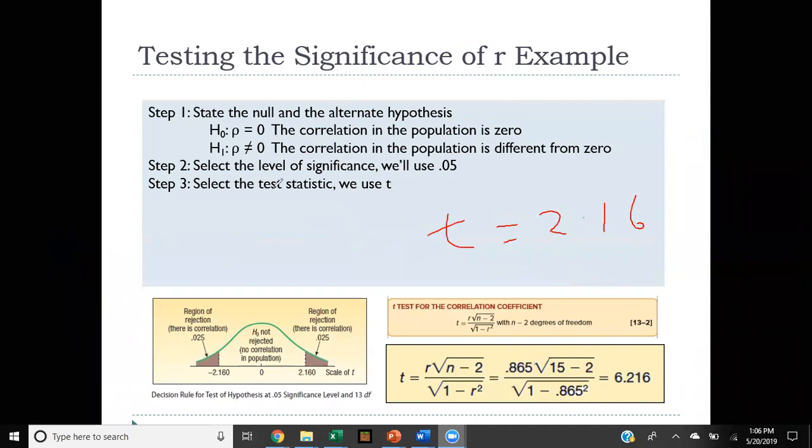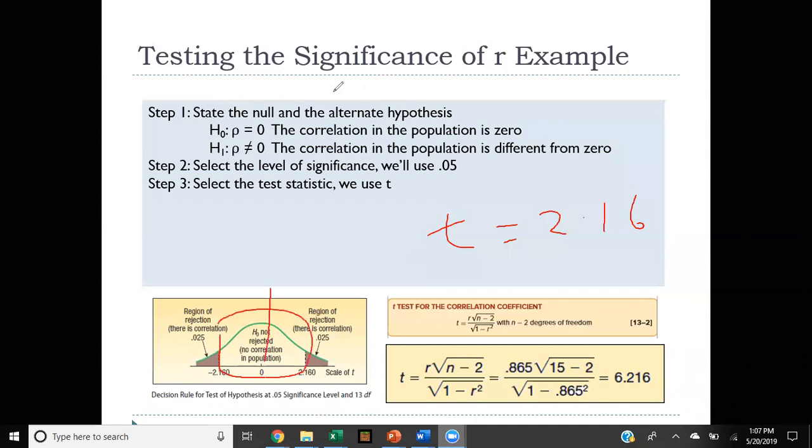Now this is a two-tailed test. Why? Because if you look at your null and alternate hypothesis here, you have just an equal sign. You don't have a greater than or equal or a less than or equal. And whenever you have just the equal sign in your null hypothesis, you're always looking at a two-tailed test. So what that means is that you're trying to test whether the correlation in the population falls somewhere within, again, this region right here.